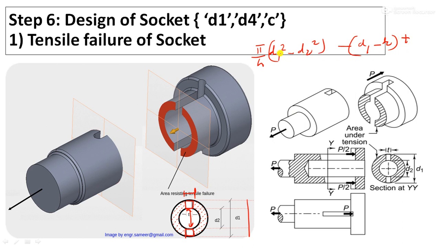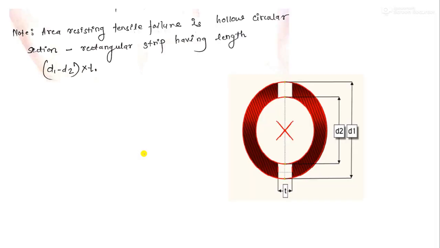So the area resisting is pi by 4 (D1 square minus D2 square) minus (D1 minus D2) into t. I am interested only in the red color area. I have to subtract this rectangular portion as well as this circular portion, because that is not the area resisting the tensile failure.